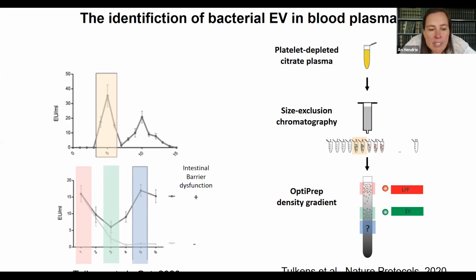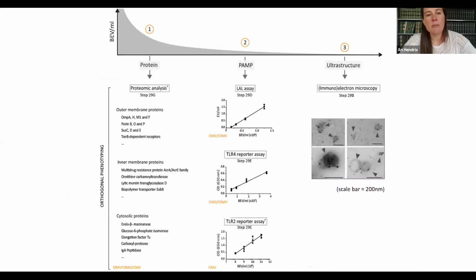To further clarify that we identify bacterial extracellular vesicles at this site in the density gradient, we implemented multiple complementary characterization methods. First of all, we did a proteomic analysis where we demonstrated the identification of outer membrane proteins, inner membrane proteins, and also cytosolic proteins that are specific to bacterial extracellular vesicles.